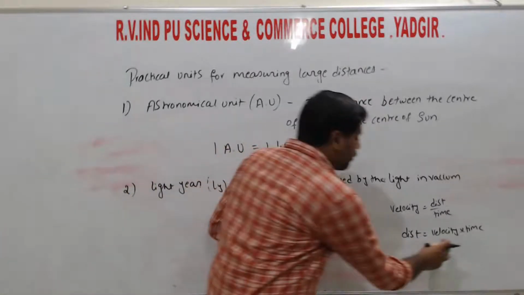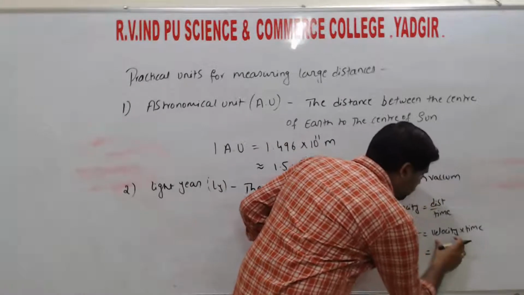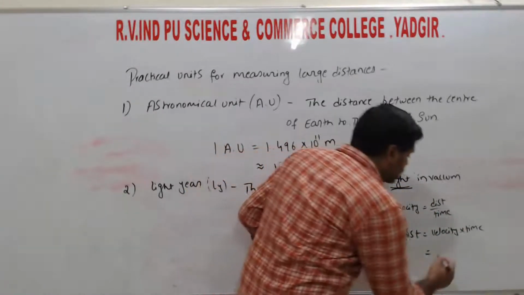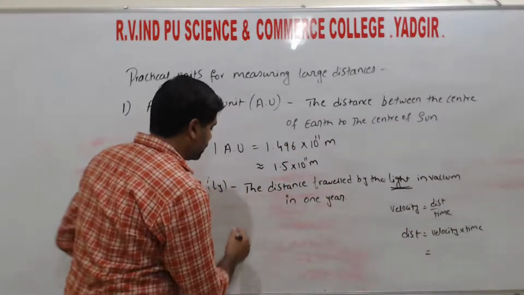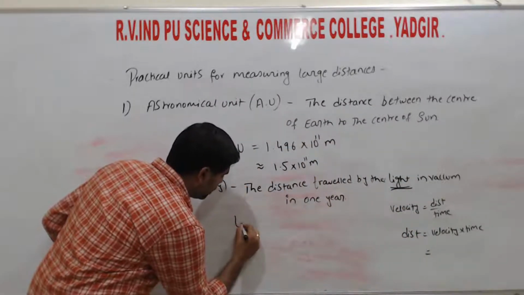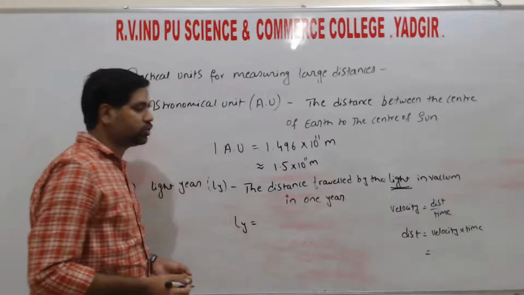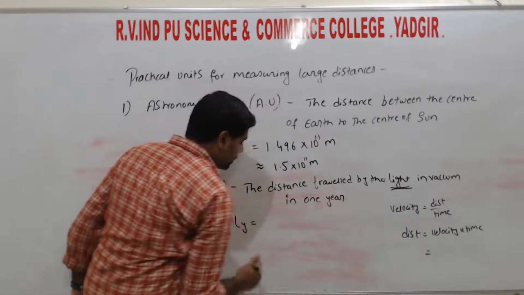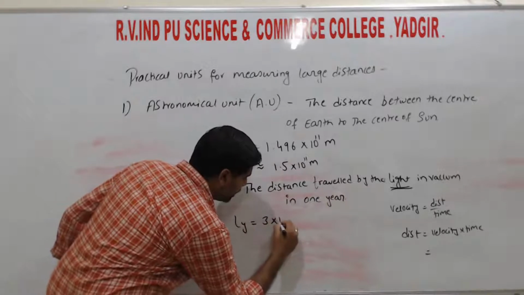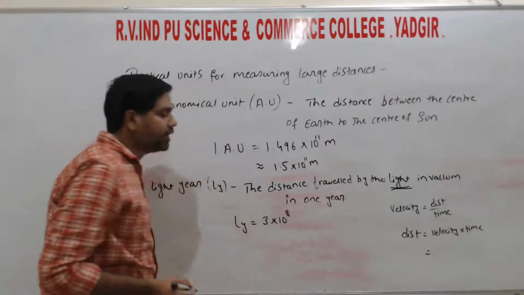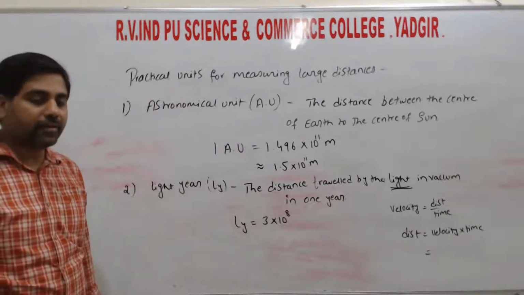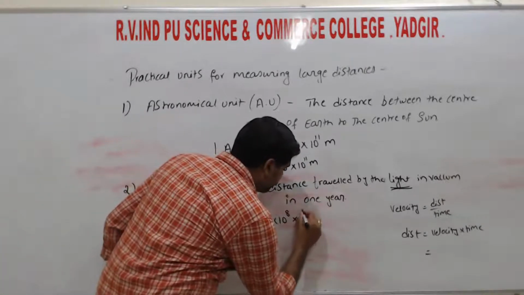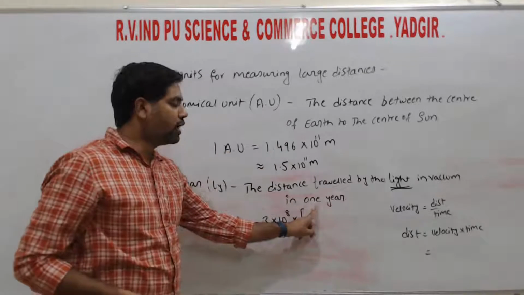So the velocity is the velocity of light, which we already know. We are going to write light year, Ly, is equal to velocity of light, that is 3 into 10 to the power of 8 meter per second, into 1 year.